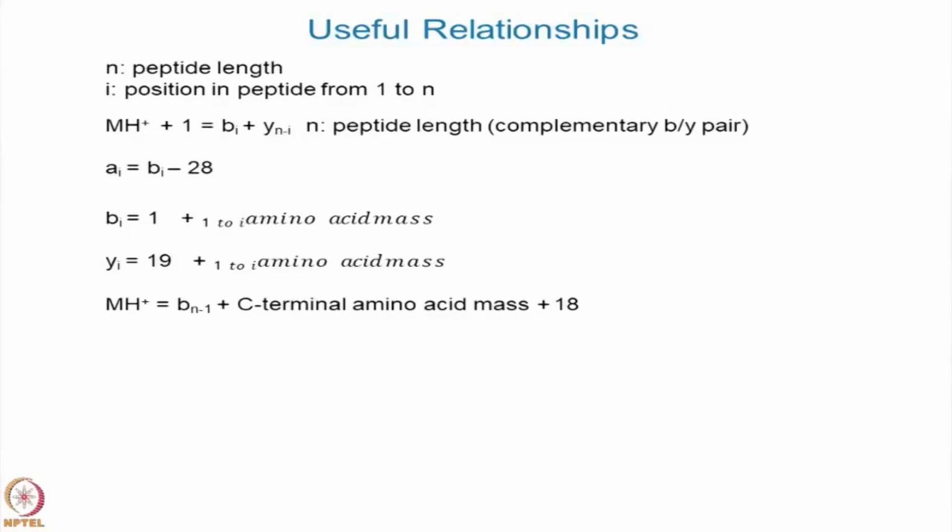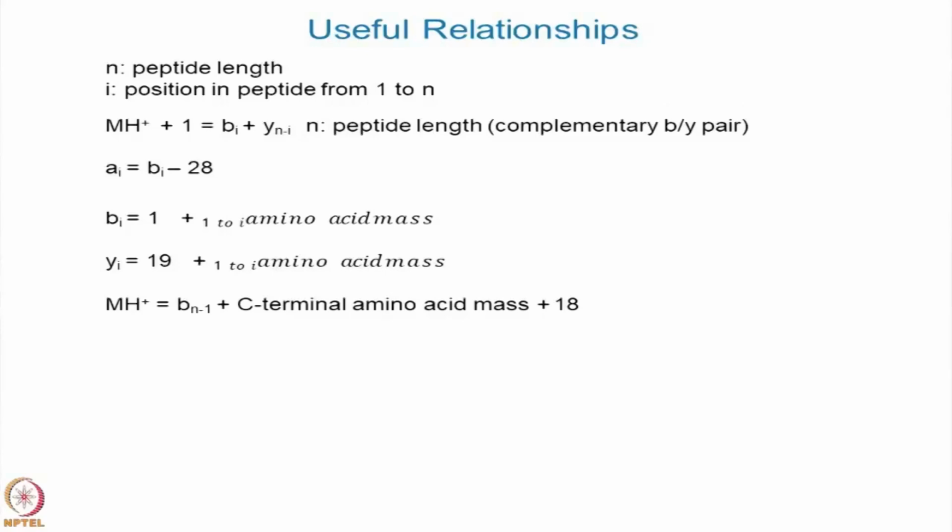If you know your amino acid masses, and you just add them all up and add 1, that will give you the mass of the B ion. If you add up all your amino acids and add 19, that'll give you the mass of the Y ion. If you fragment between 2 amino acids, the B ion is going to go one way, the Y ion is going to the other. If you add them back together, you would have the whole peptide.